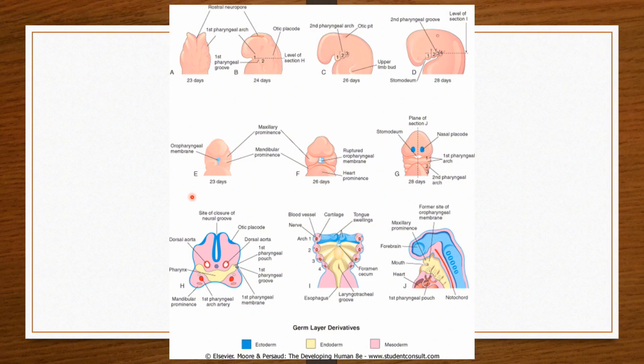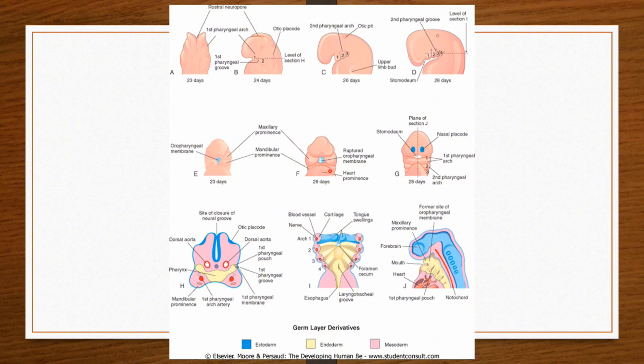In this diagram you can see this is the area of the stomodium, and in this blue color you can see the oropharyngeal membrane. You can see this one is the mandibular prominence and the maxillary prominence. These both prominences are part of the first pharyngeal arch.